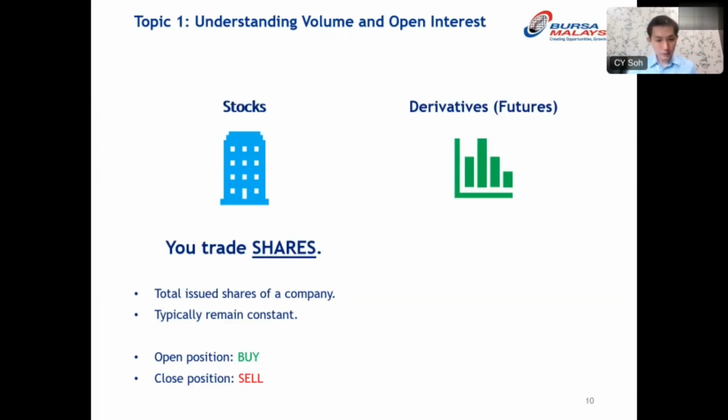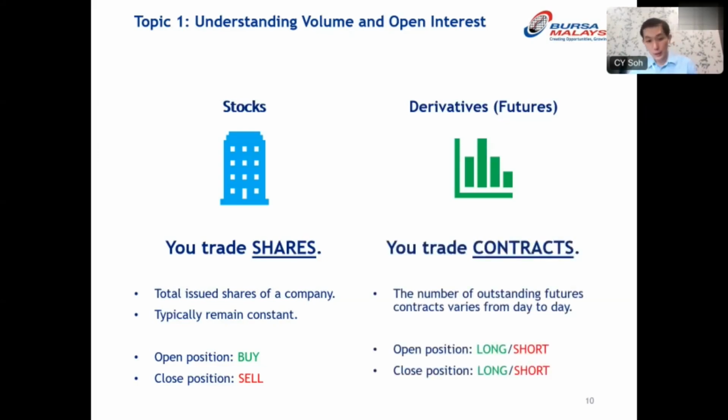Whereas for the futures market, you trade futures contracts. The number of outstanding futures contracts can change from day to day. So there is no limit of contracts available in the market. In fact, it is considered quite unlimited. You do not know how many futures contracts can be traded in the market.